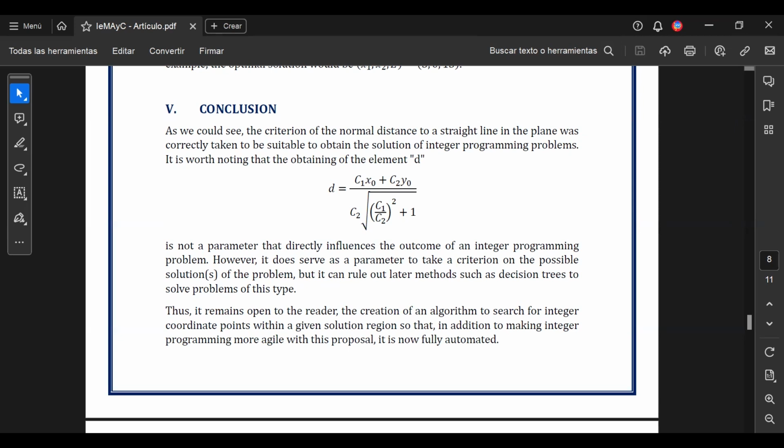However, it does serve as a parameter to take a criterion on the possible solutions of the problem, but it can rule out later methods such as decision trees for solving problems of this type. Truthfully, it remains open to the reader to create an algorithm to search for integer coordinate points within a given solution region so that, in addition to making integer programming more aware with these proposals, it is fully automated.